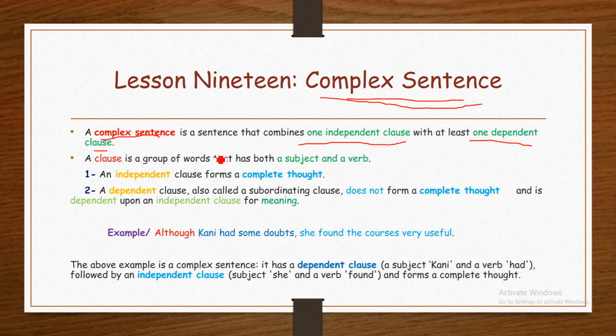We learned compound sentences are composed of what? Of two independent clauses. But a complex sentence is composed of one independent clause and one dependent clause.